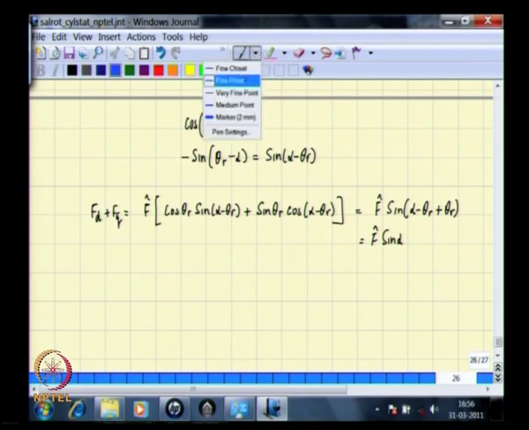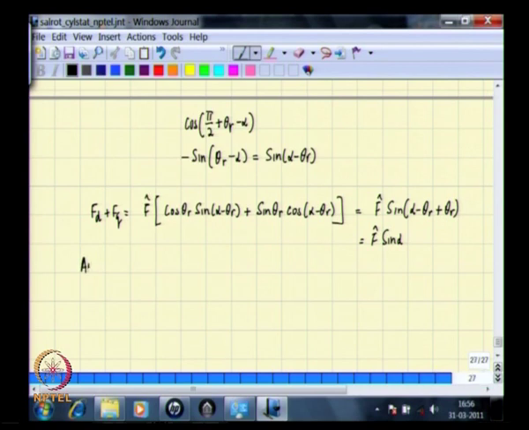Now, having come this far, let us see what we would do to arrive at the fluxes that are generated. Let us say that the air gap representative of the direct axis is LGD.